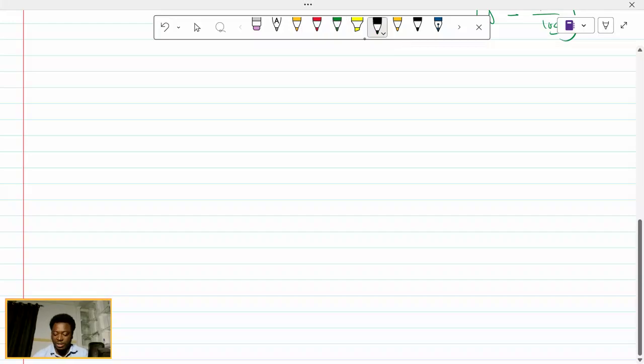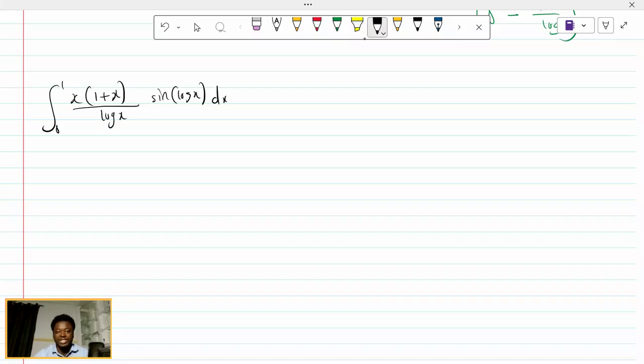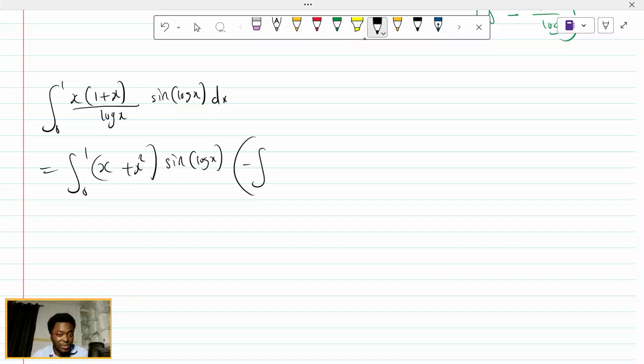So here, observe that the integral from 0 to 1 of (1 plus x) divided by log x, times sine of log x, dx, is equal to the integral from 0 to 1 of x plus x squared, times sine of log x, times negative integral from 0 to infinity of x to the y dy, then dx.